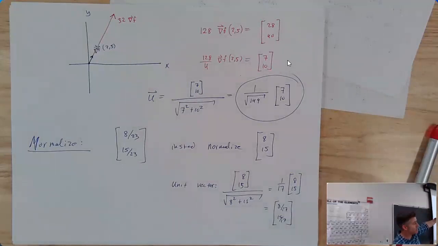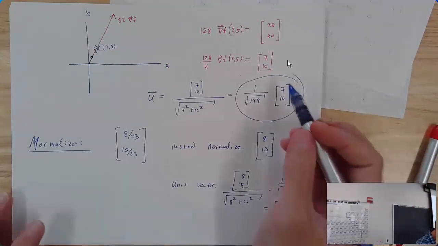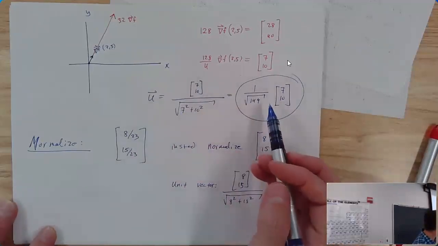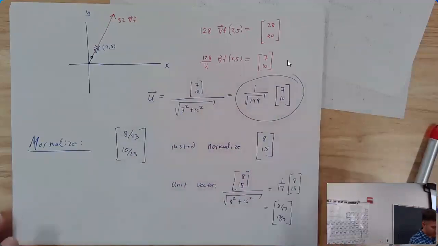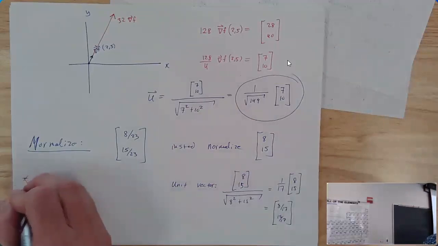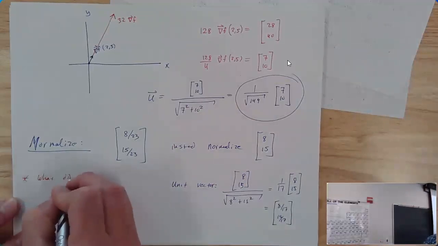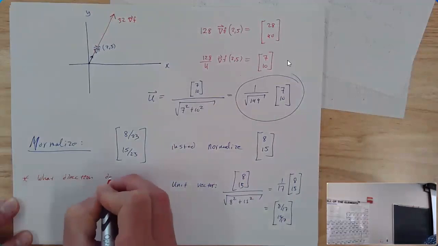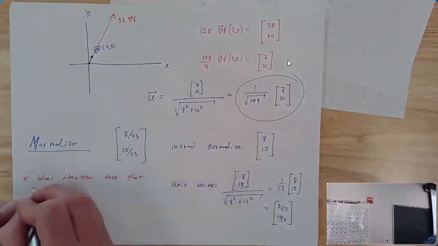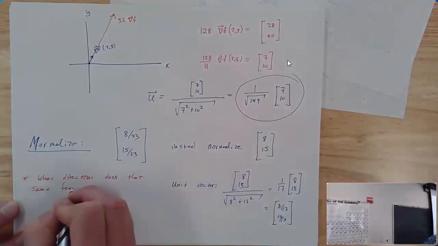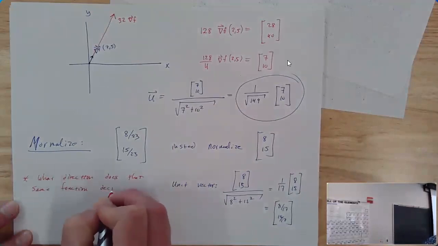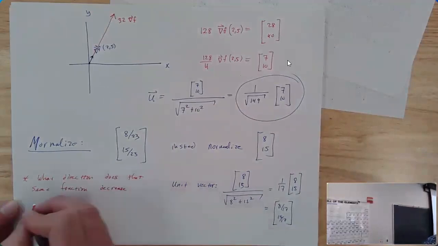And as a bonus, if we ask the question, in what direction does the function decrease the most rapidly, you just turn around. So if this was the answer to the first question, what direction does the function increase the most rapidly, and then I ask the follow-up, what direction does that same function decrease the most rapidly, all you have to say is it's the negative gradient.